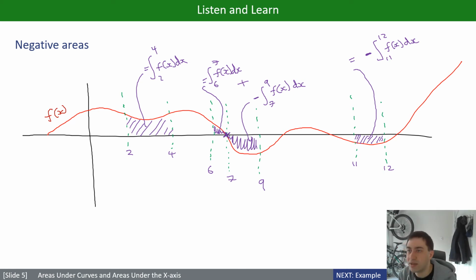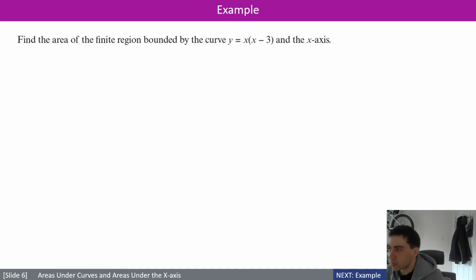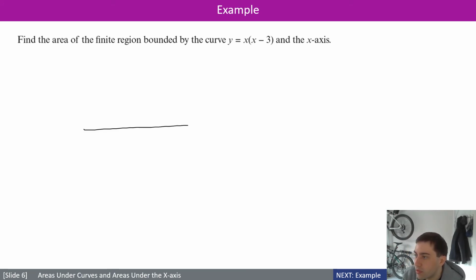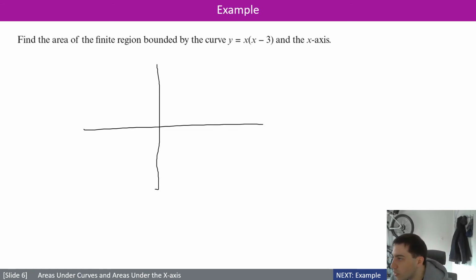Okay, so let's look at an example of this. So we've been given another quadratic. In this case, it's already been factorized for us. So the key values are crossing the x-axis at 0 and 3, and the y-axis is going to be crossed at -3.